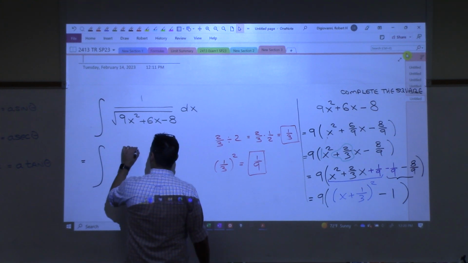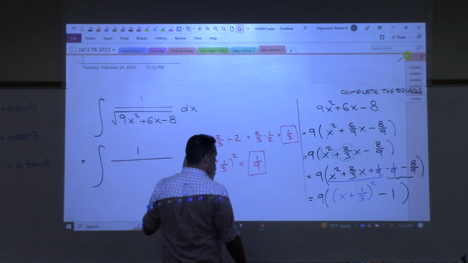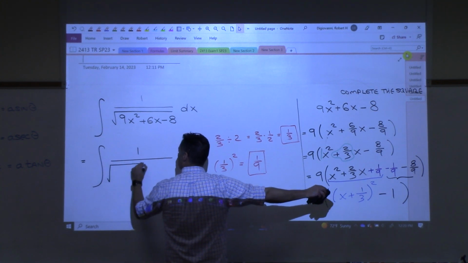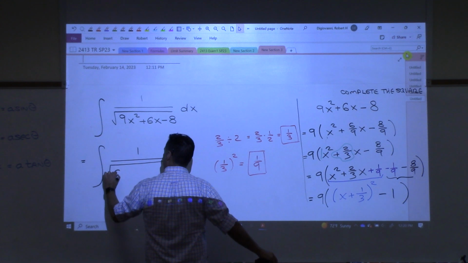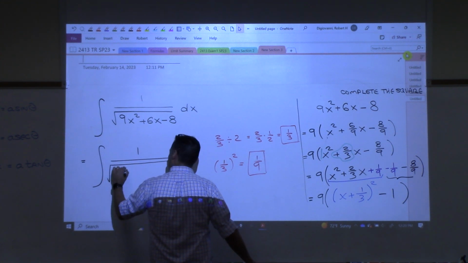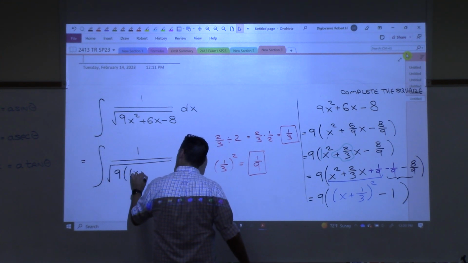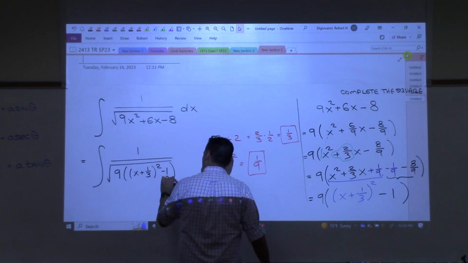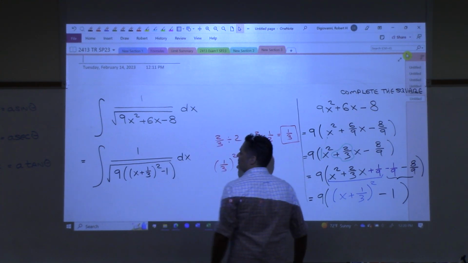All right, here's where we are. 1 over, all of that was under a square root, wasn't it? So square root, I have the 9, then a parenthesis, another parenthesis, x plus 1/3, all of that squared minus 1, and then dx.